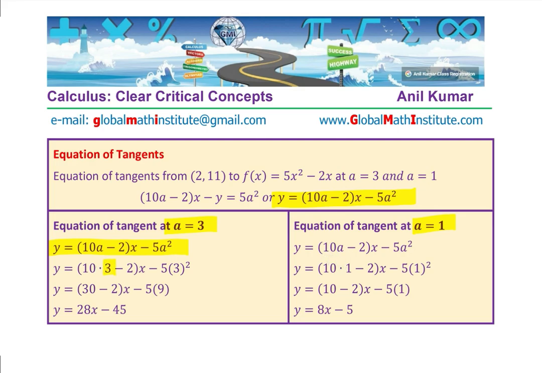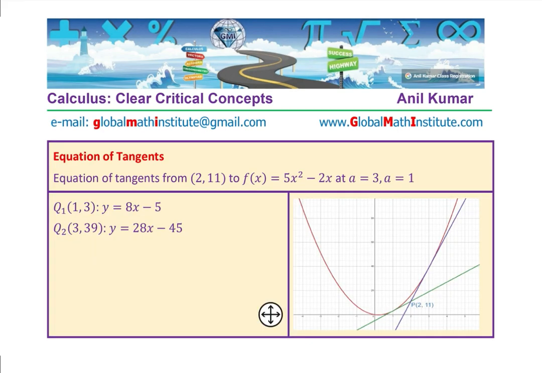Do you see that? You arrive at the equation of the tangent lines, which is y equals 28x minus 45 and y equals 8x minus 5. Clear? Many times in such questions, you have to find equation of tangents also. Perfect. So that brings us to the end of this particular video.